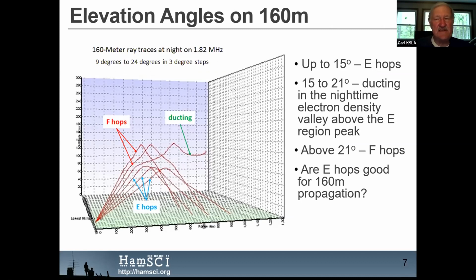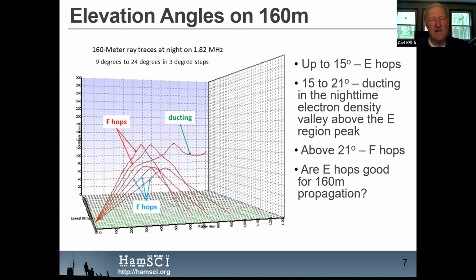Up to 15 degrees, you get EHOPs, which are kind of short, probably a maximum out to 2,000 kilometers for very low angle stuff. Then in the range of about 15 to 21 degrees elevation angle for this ray trace scenario, you get ducting in the nighttime electron density valley above the E region peak.